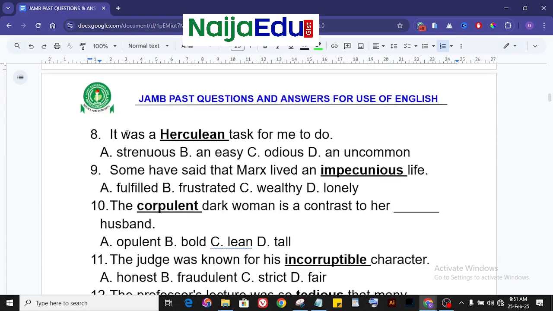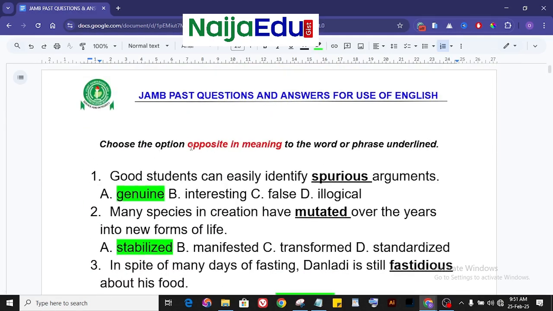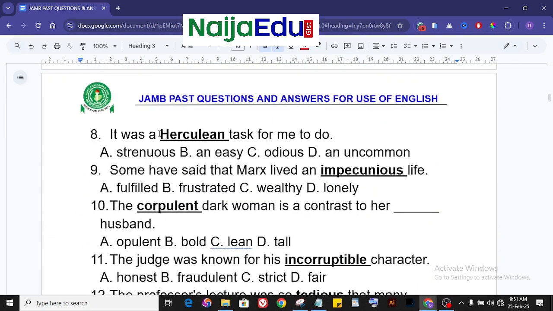So question 8 says, "It was a Herculean task for me to do." Remember, we are looking for the opposite in meaning to the underlined word. When something is called a Herculean task, it means something very difficult. So let's look at the options given.